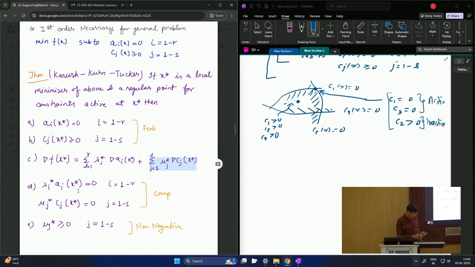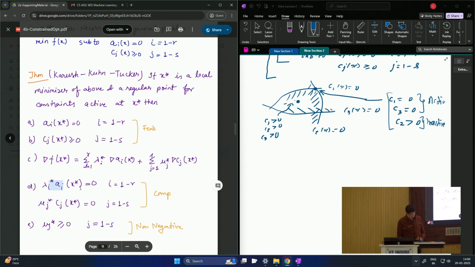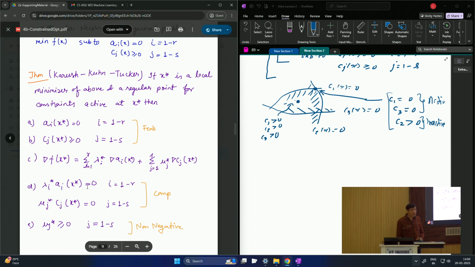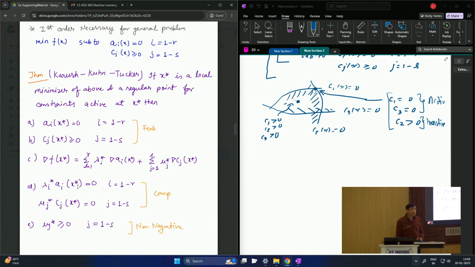Tell me, nobody is able to see it? Correct. Why do you need this? Because you already have AI of x star equal to 0, so this will automatically be satisfied. So you don't need the first condition of D. Can everybody see it? Okay.